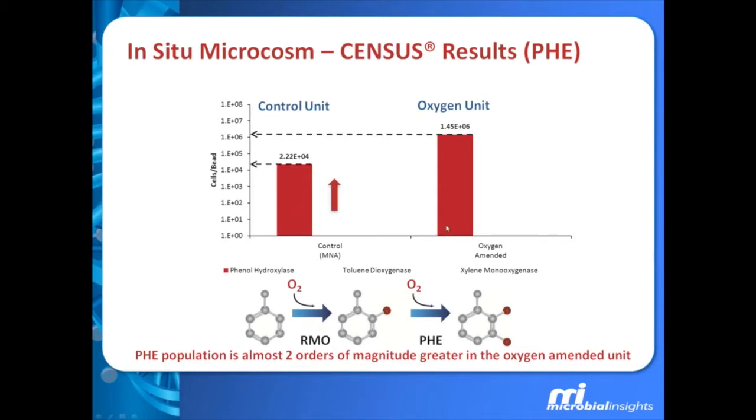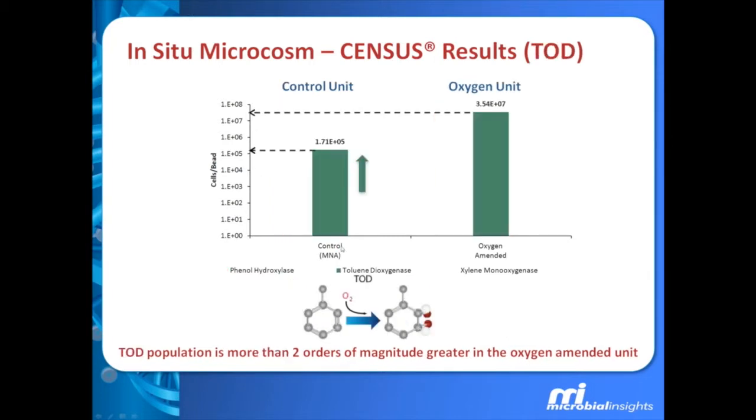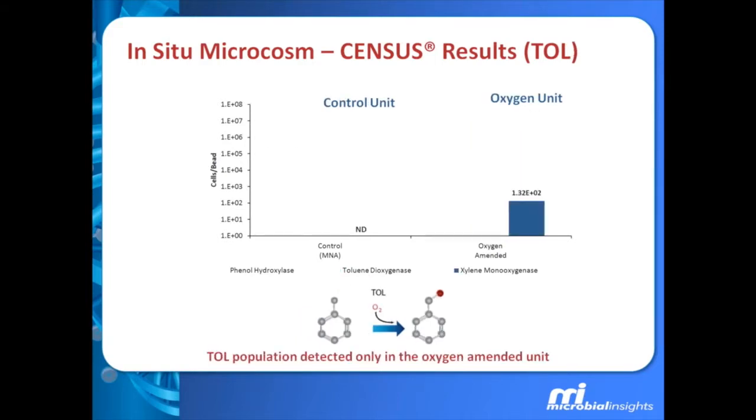And I'll remind you again, you're looking at a log scale here. As you can see, a couple of orders of magnitude increase in the concentration of that gene in the presence of oxygen. Similar results with the toluene dioxygenase, and similar results with the xylene monooxygenase as well. In fact, it was not detected in the control unit. It was detected in the oxygen-amended unit.